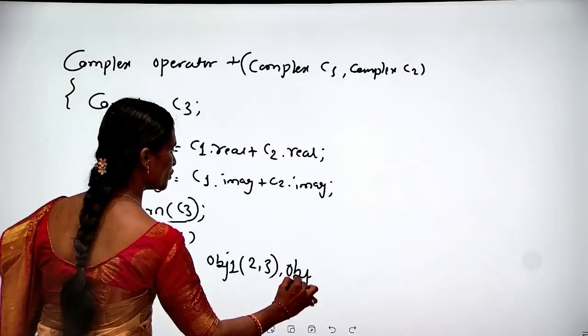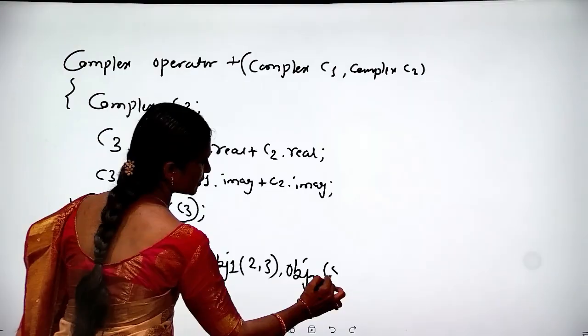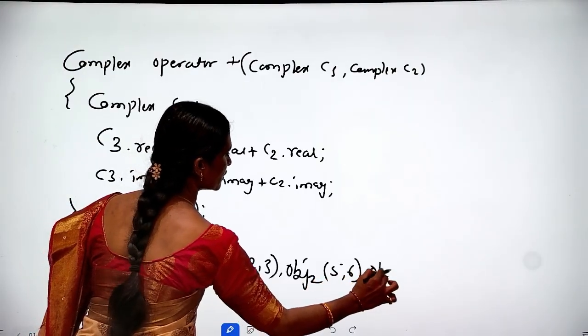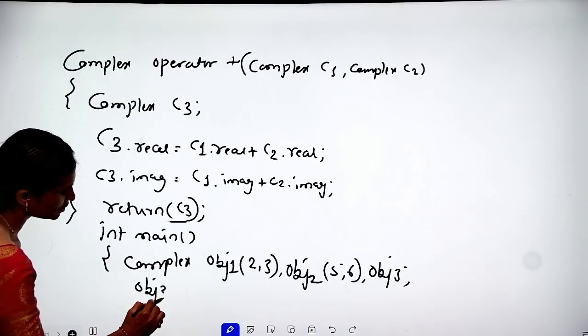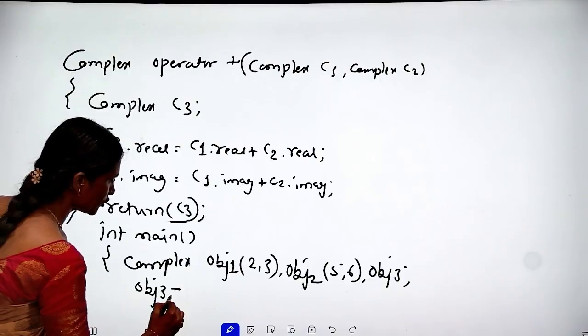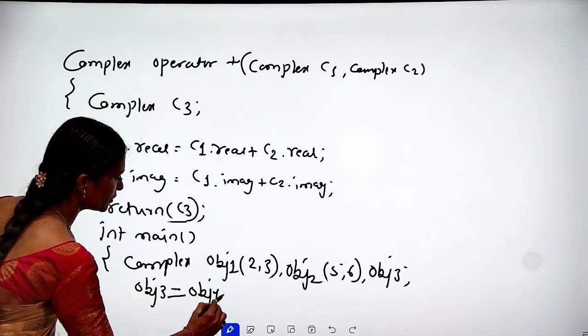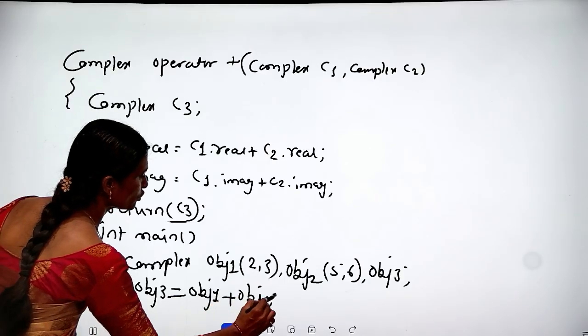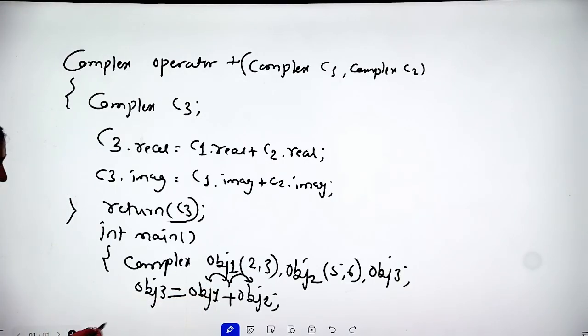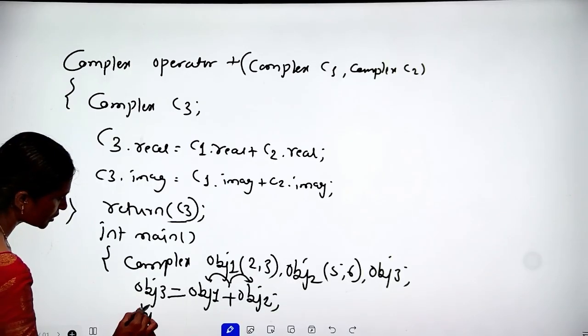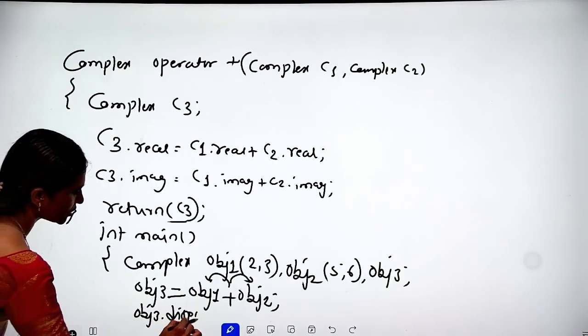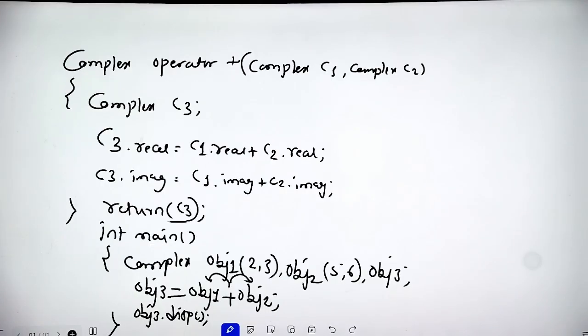Second, I will create object 2 using the parameterized constructor with 5 comma 6, and then object 3. How to call that now? Object 3 is equal to object 1 plus object 2. So you have overloaded the plus on the objects. Then you can display with the object 3 display method. So this is the program to overload the binary operator using the friend function.